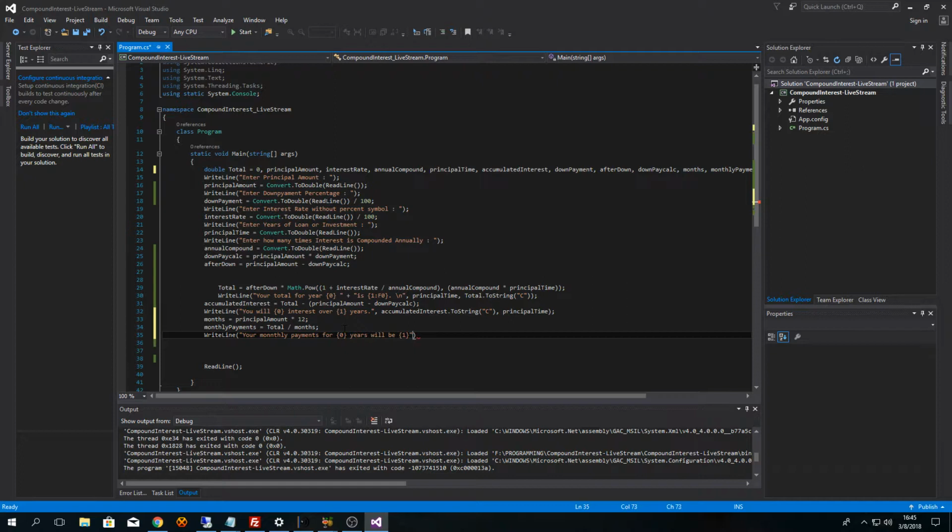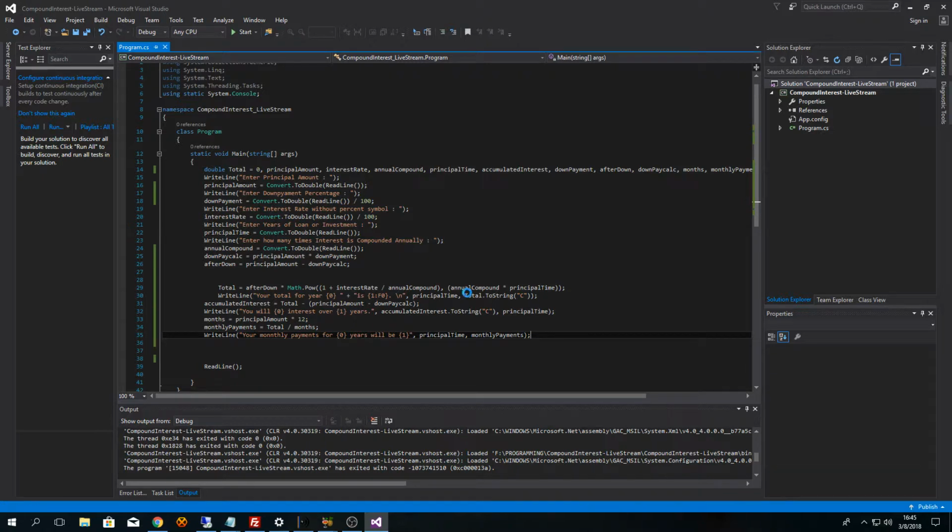And what I just typed up is simply your monthly payments for blank years, where the zero inside the curly brackets is going to be this first variable, and that's going to be principal time. And then the next one will actually be your monthly payments, which I will just go ahead and type, monthly payments variable. And that's it.